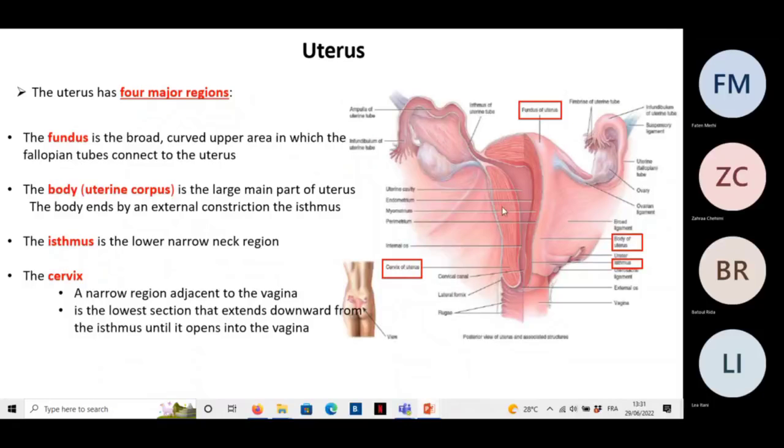The musculosa, or the myometrium, is composed of smooth muscle cells attached by gap junctions.